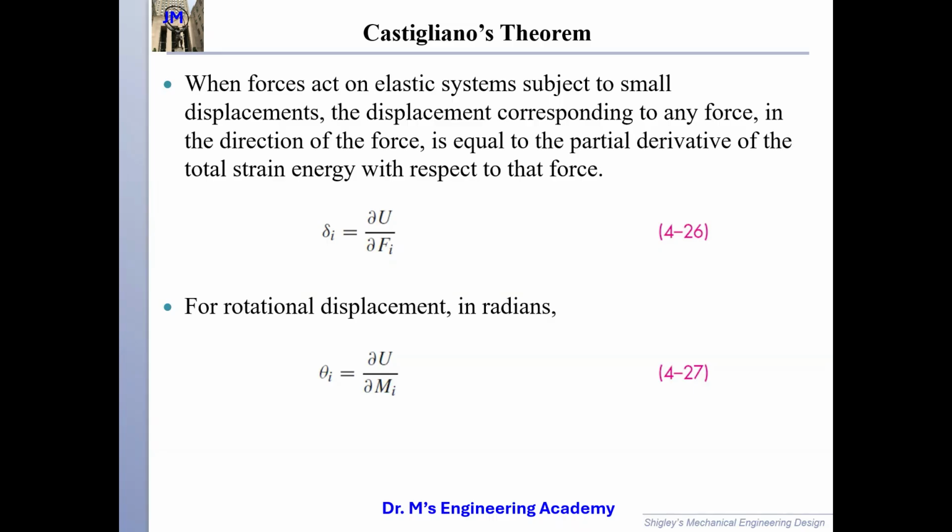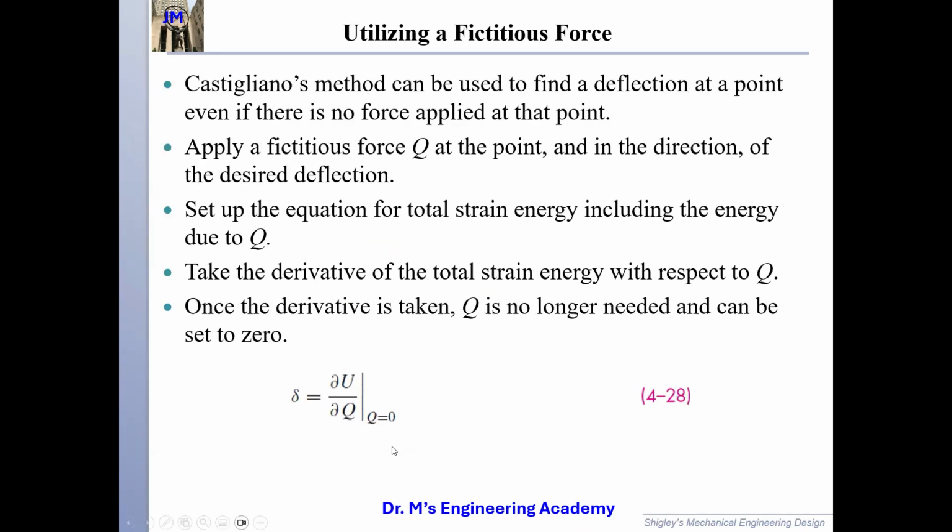Okay? So this is what I want to tell you. We will have examples in the future. Castigliano's method can be used to find the deflection at a point, even if there is no force applied at the point. So apply what we call the fictitious force.